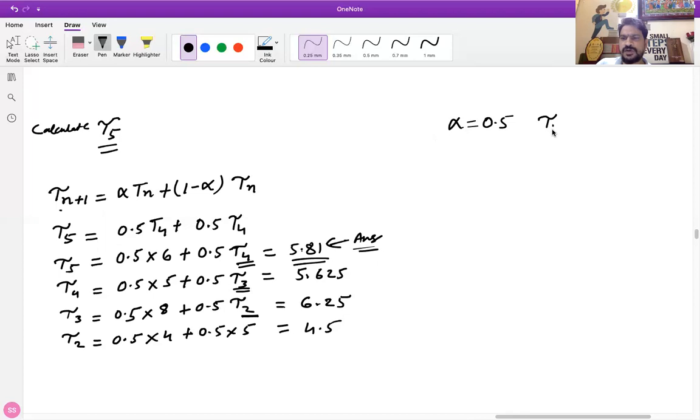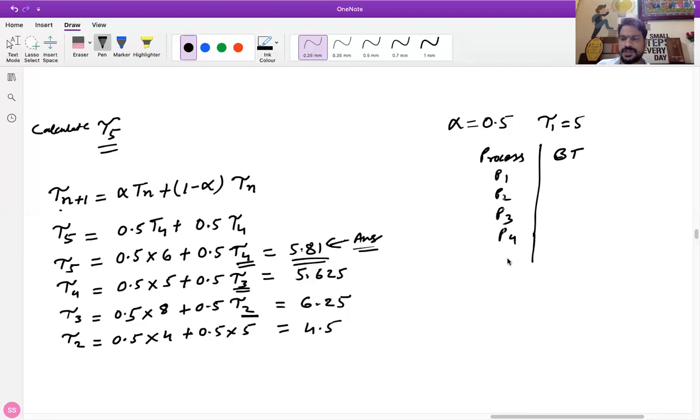The tau of 1 will be, let's say, 5 again. We have process and we have burst time. So we have processes P1, P2, P3 and P4.